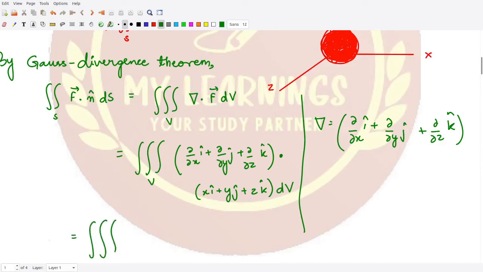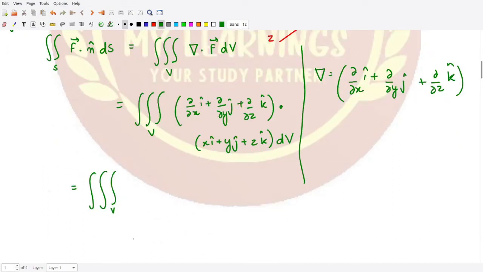How do we perform the dot product? We simply multiply i cap with i cap, j cap with j cap and k cap with k cap. So it is del by del x of x, del by del y of y and del by del z of z. All the other multiplications are simply equal to 0, right?